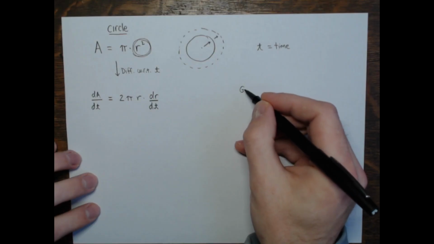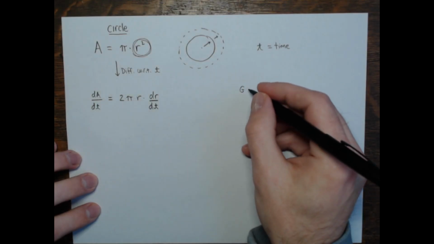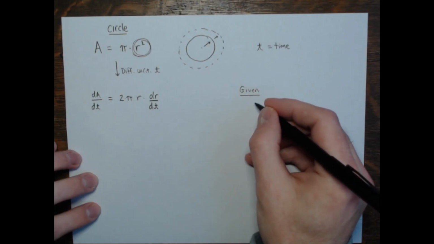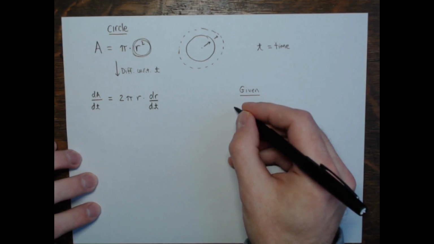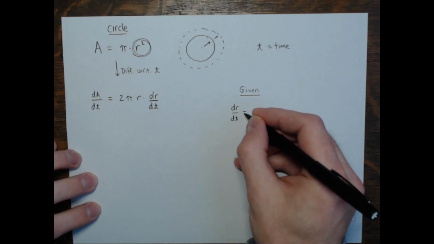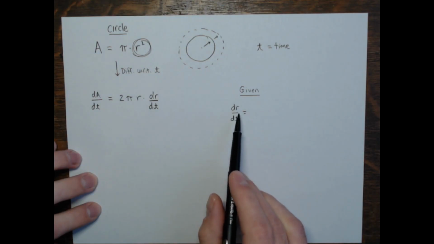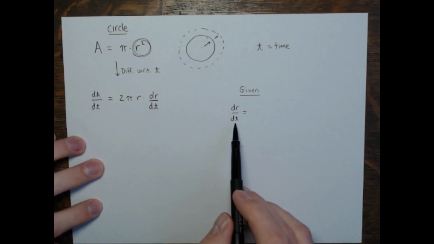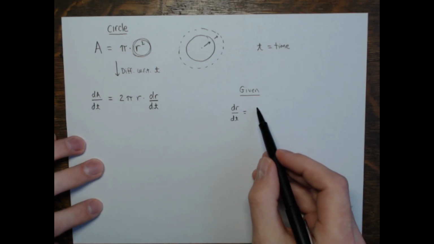And now, after establishing this, we go to our given moment. So we were given this information. So we were told that the radius was increasing at a certain rate. So dr over dt, this is the rate at which the radius is increasing. They said it was increasing at a rate of 3 meters per second.